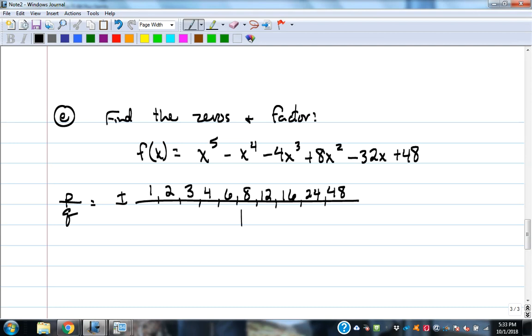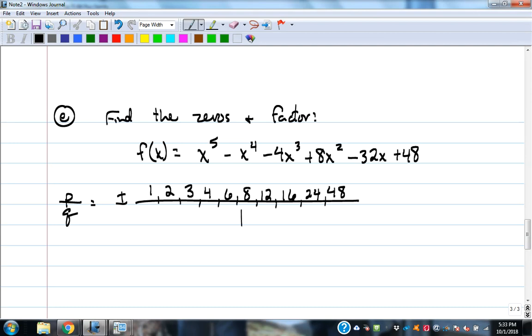So dividing all of those by 1, I know that these are just my P over Qs. Plus or minus 1, 2, 3, all the way to 48. That's my P over Q list. Okay?